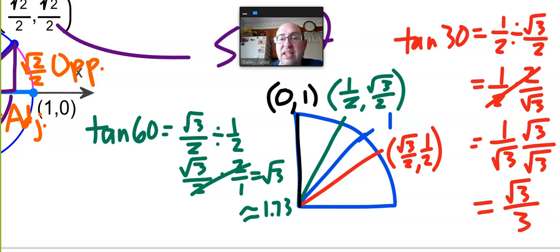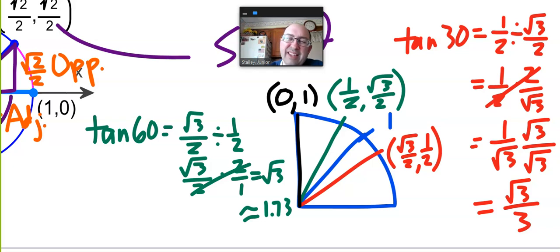So you will often see that quoted as radical 3 over 3. Now, I know it's the same thing as 1 over radical 3, but they don't like seeing radicals in the denominator. It used to be that we needed to do that because we didn't have the technology to divide by a nasty, ugly decimal, but we've got it now.